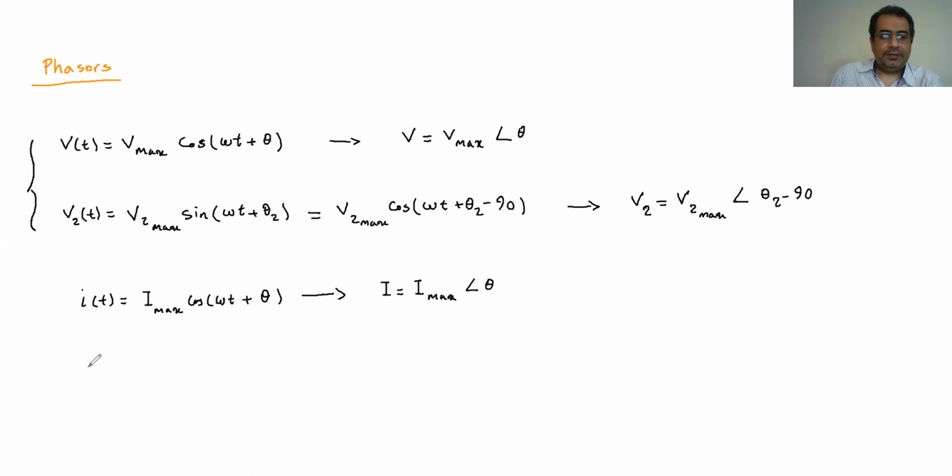Similarly, if I have another one, assume I2 as a function of t is I2 max sine omega t plus theta 2.